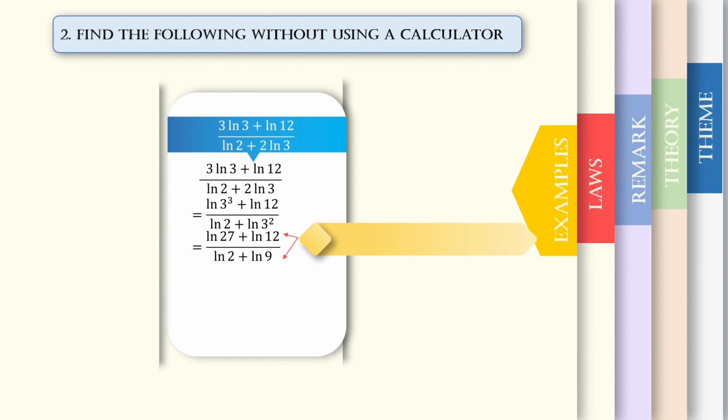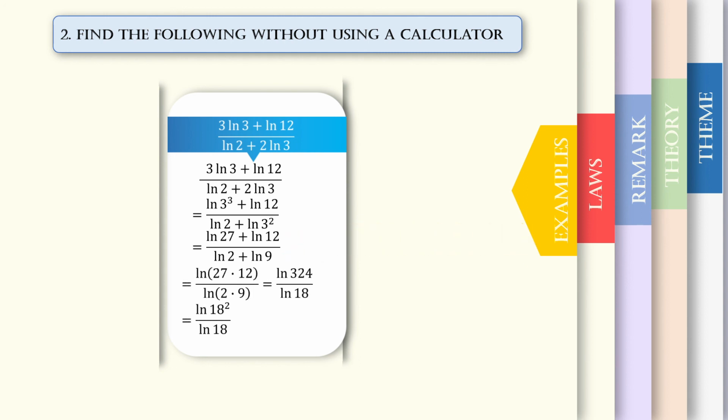Next, for these two expressions, using this property, we will have the following. Natural logarithm of 27 multiplied by 12, which is natural logarithm of 324, over natural logarithm of 2 multiplied by 9, which is natural logarithm of 18.